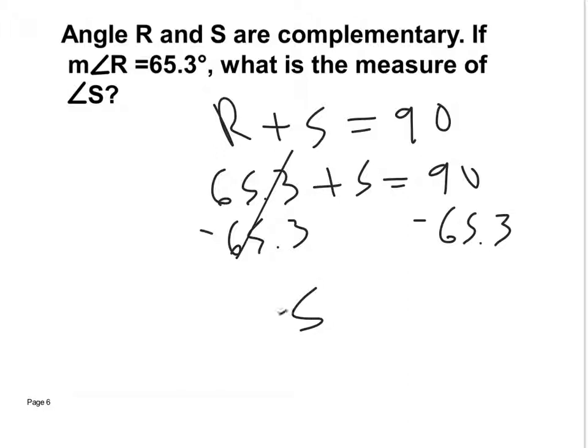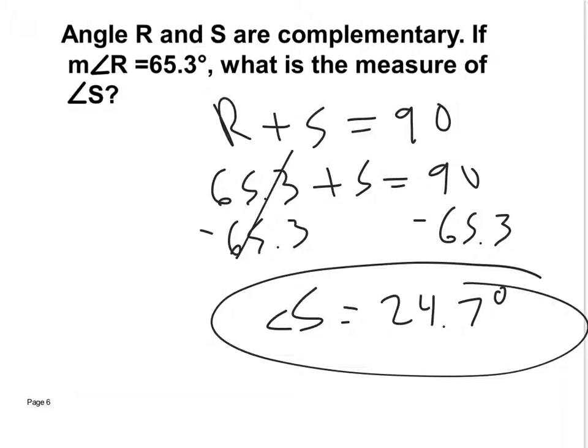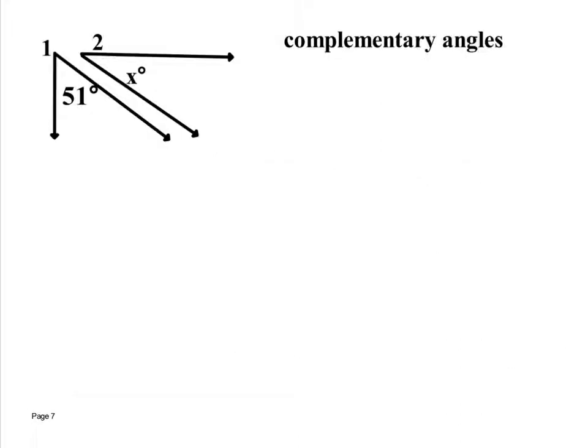So angle S is equal to what? 24.7. Excuse me, 24.7 degrees. Good. Well, I didn't mean to write 10 in the corner. That's supposed to be the degree symbol. There's your answer, 24.7.